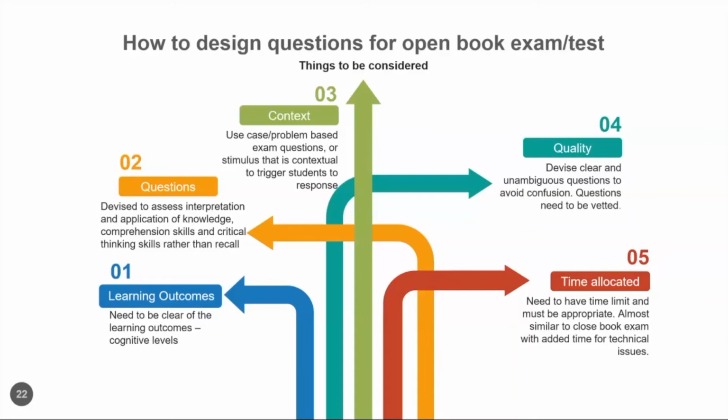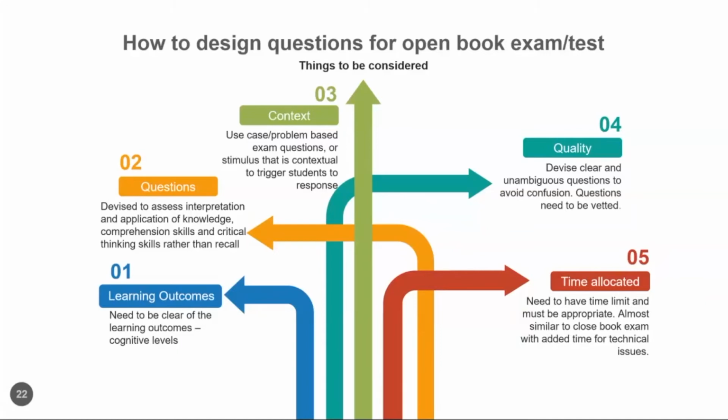But sometimes even the expert in the field makes mistakes. We might learn a thing or two from our friends. So the vetting session is very important to make sure the questions we pose to our students are valid, reliable and fair.